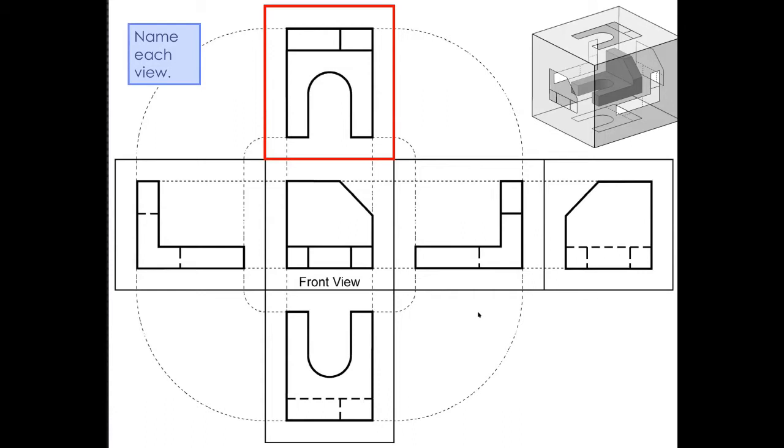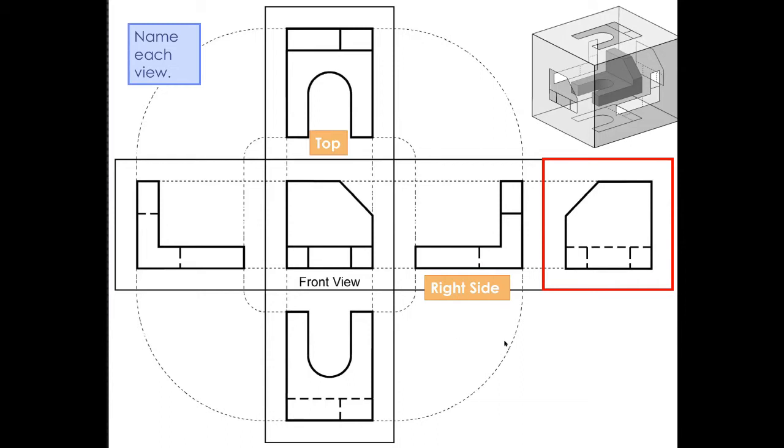Okay, let's go to the next slide. The one with the red box around it now, what is that? Right, that's the right side view. Good. What about that one? That got a few people in the quiz. I think that was back or rear, right?